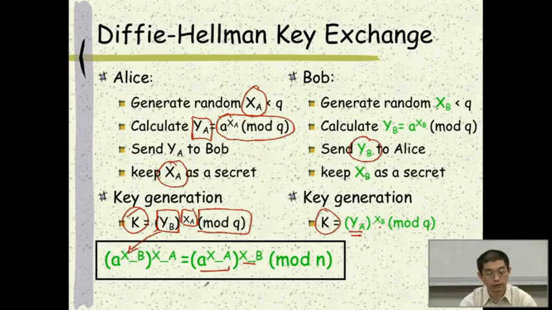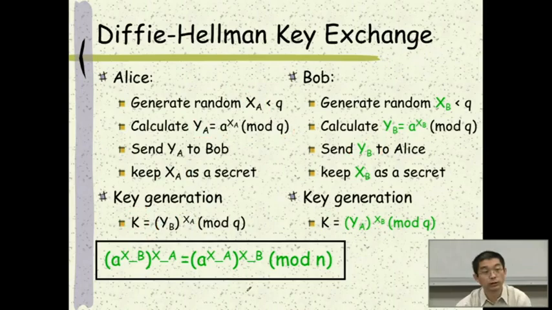So on the left-hand side, you have a to the power x sub b times x sub a. On the right side, you have a to the x sub a times x sub b. And we know these two are the same. That is how they can share the same key.